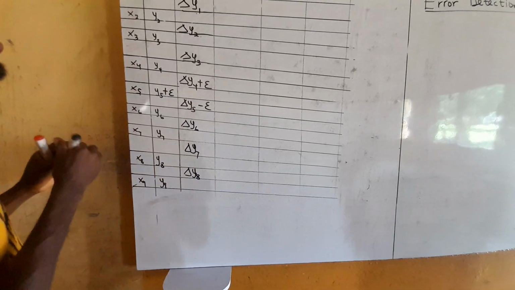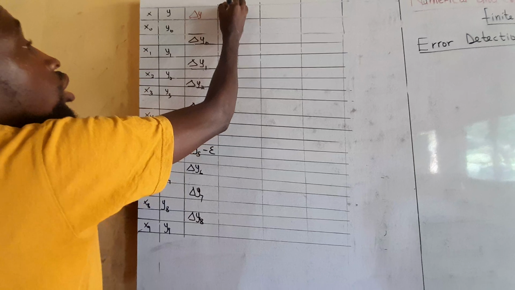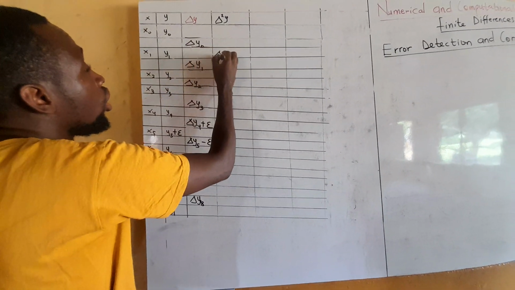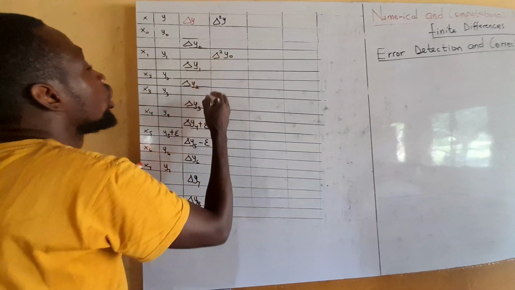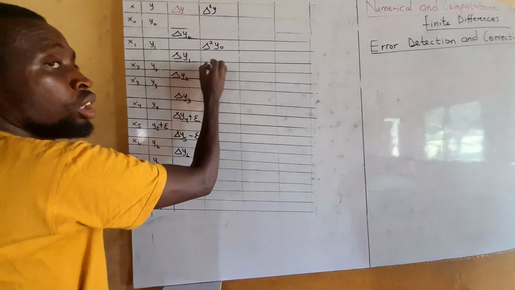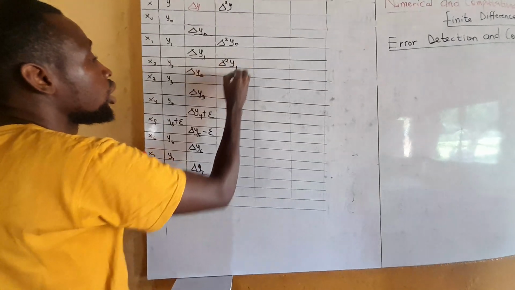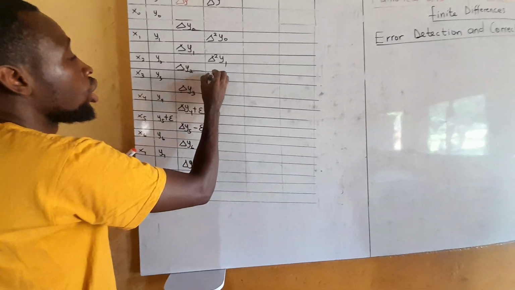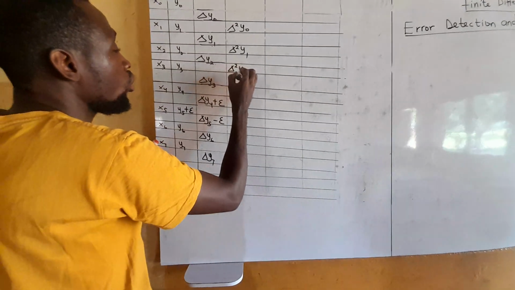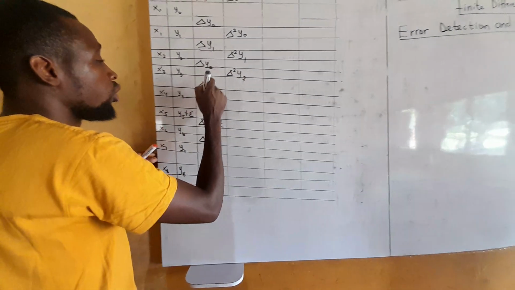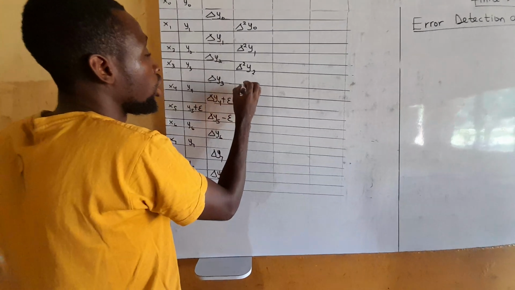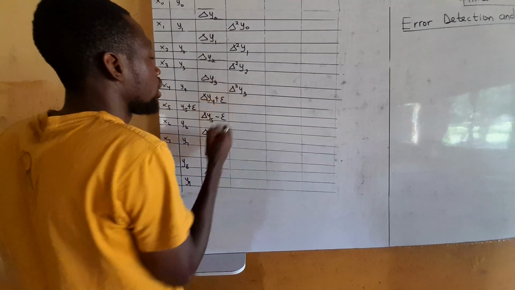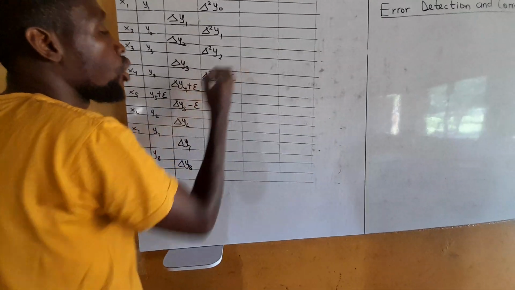So also, we find the second difference, that's del square y. The difference between this and this will be del square y0. The difference between this and this will be del square y1. The difference between this and this, that's del y2 and del y3, will be del square y2. Then this from this will be del square y3, then plus error.